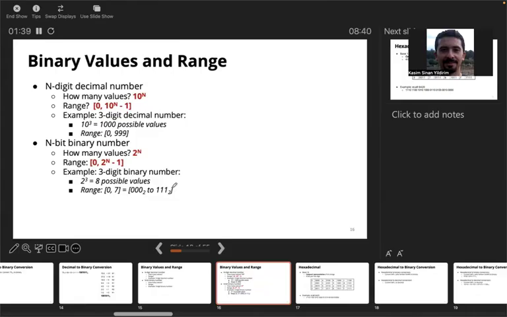The range of numbers that we can represent starts from 0 to 10 to the power of n minus 1. You can also think of a simple example, for example a 3-digit number, and generalize the range of values for an n-digit number.